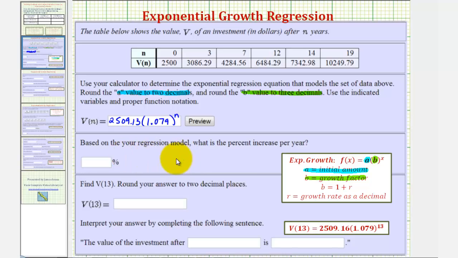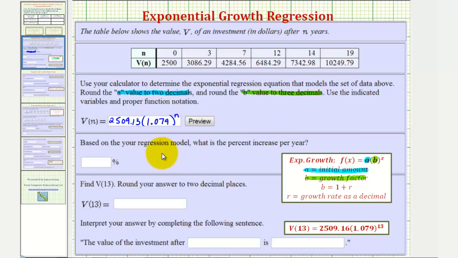Now, based upon the regression model, what is the percent increase per year? We can determine the increase per year by looking at the base, or the growth factor, where b is equal to 1 plus r, where r is the growth rate, or in this case, the percent increase per year.